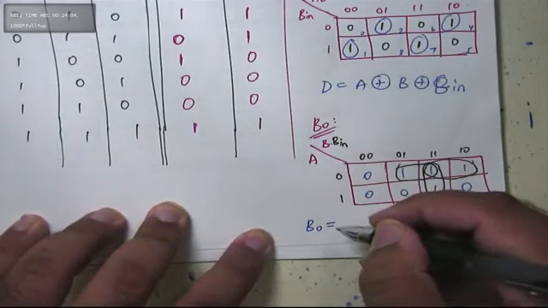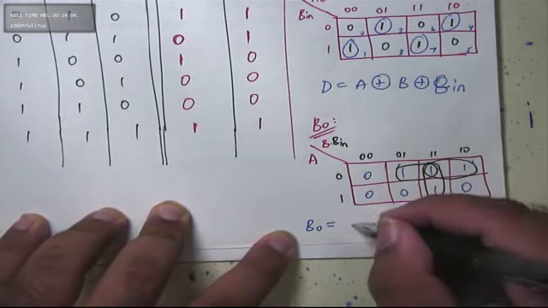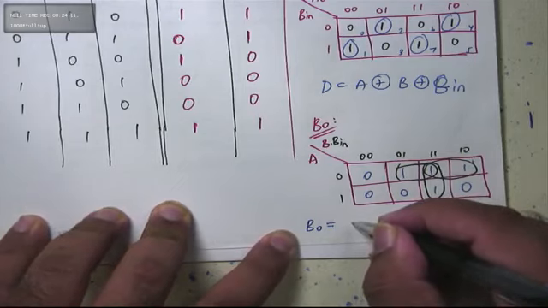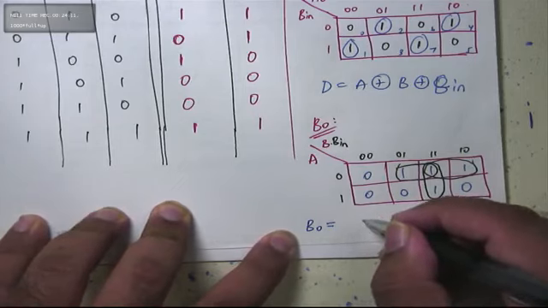B out is equal to, let's think about this.